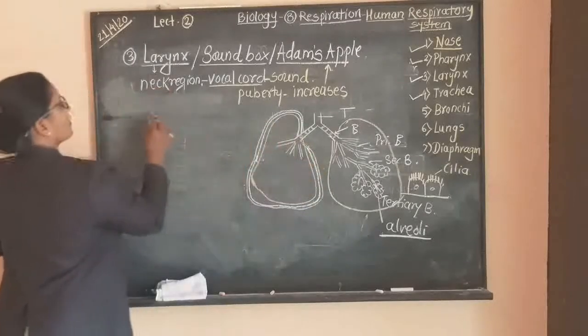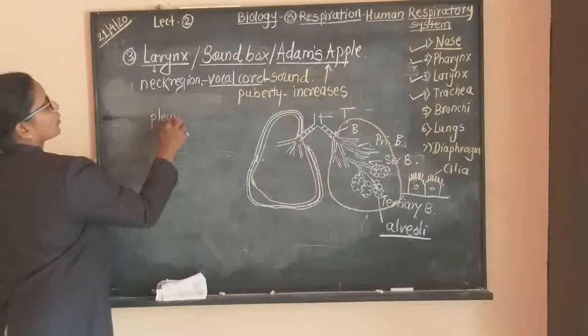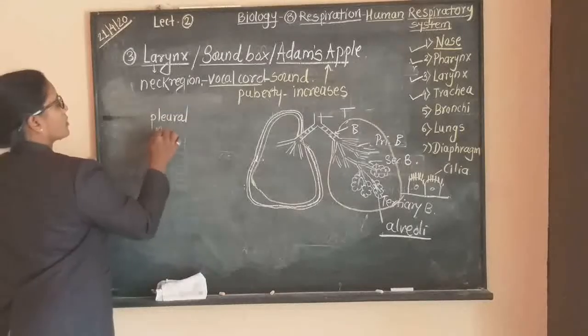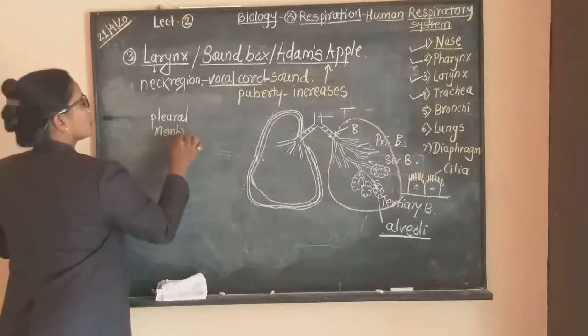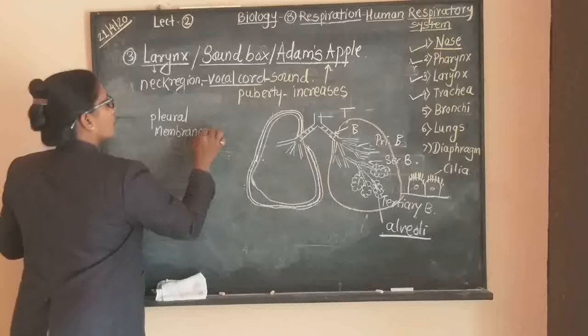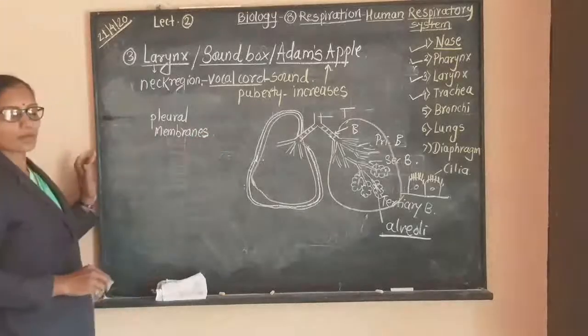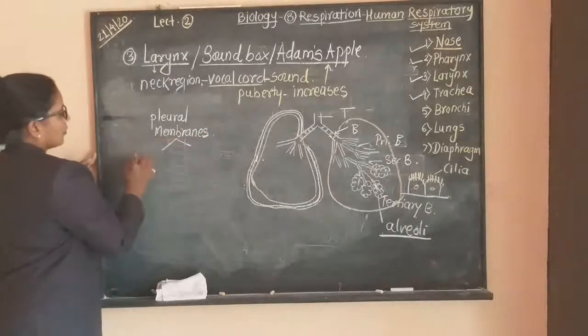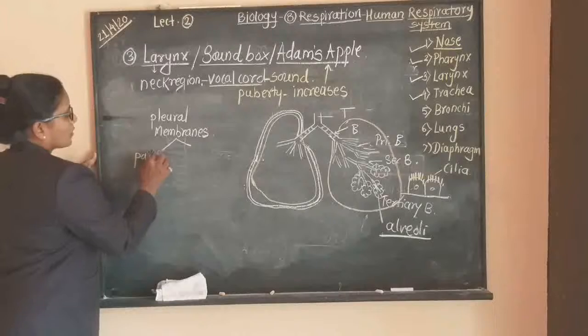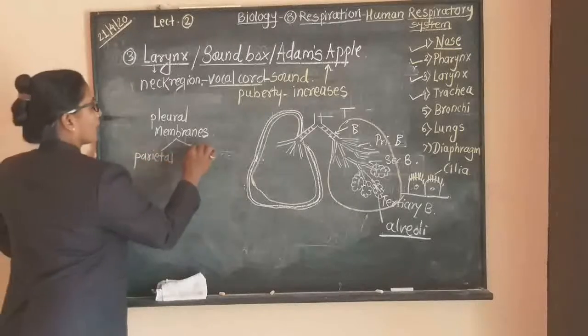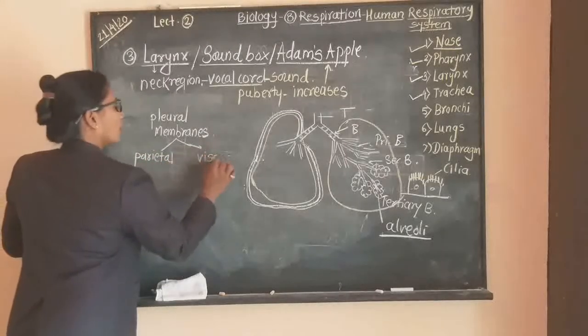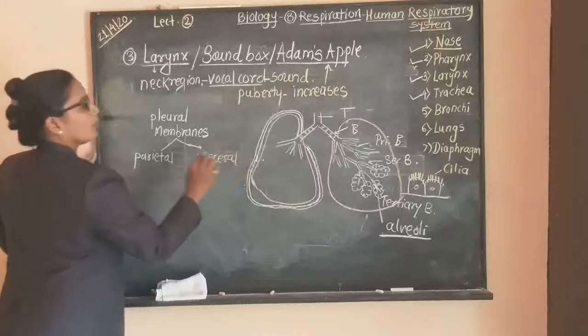These 2 membranes are called pleural membranes. The outer pleural membrane is called the parietal membrane, and the inner one is called the visceral membrane.